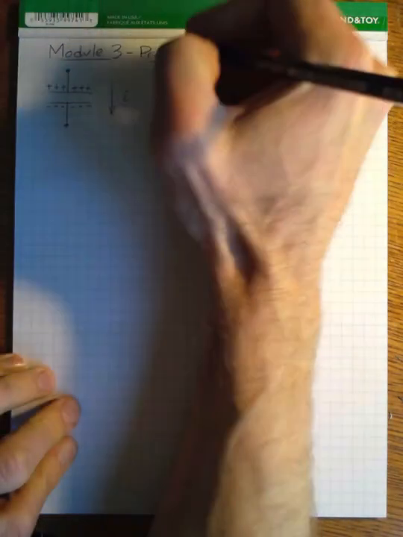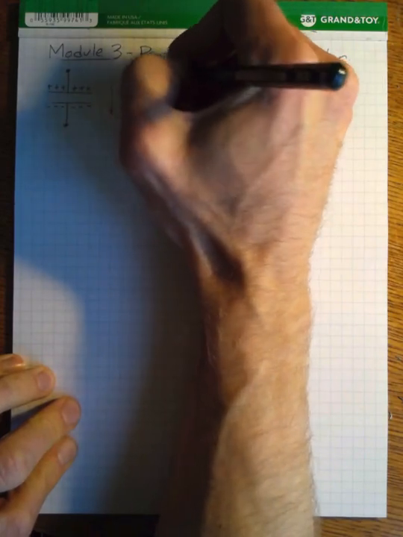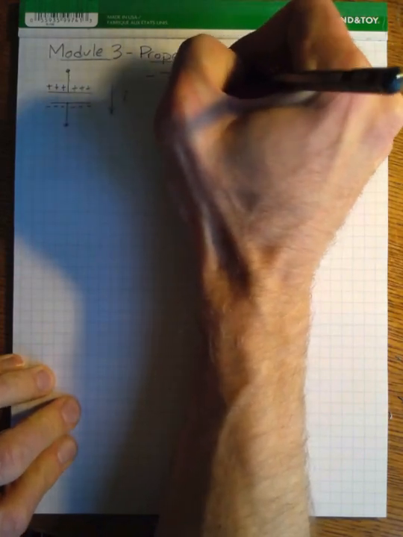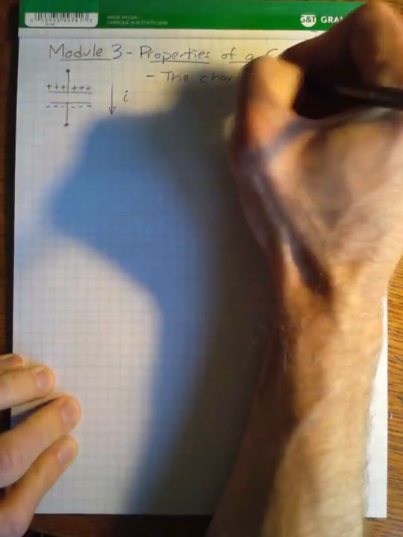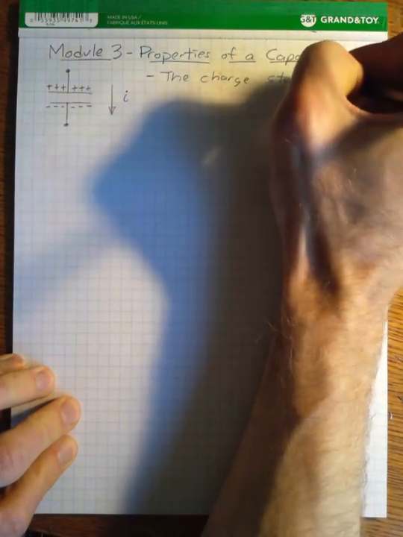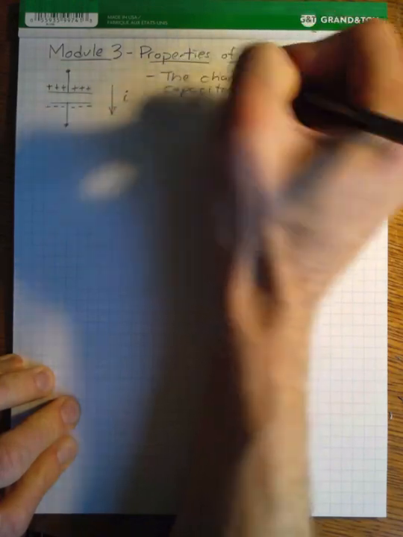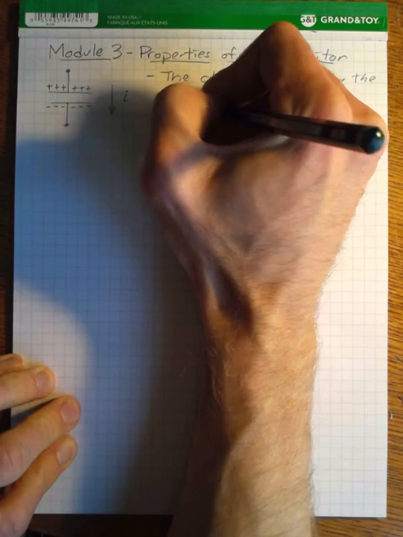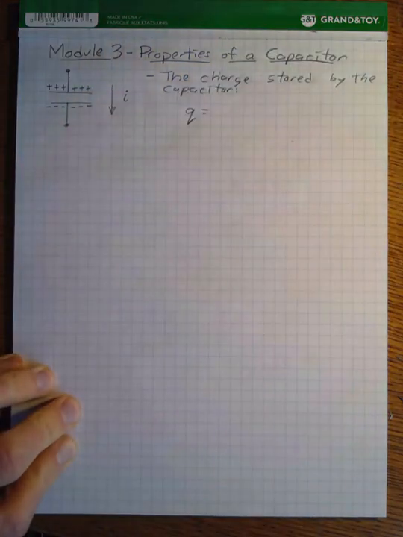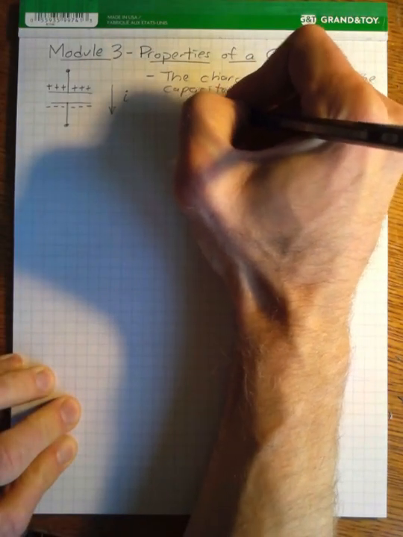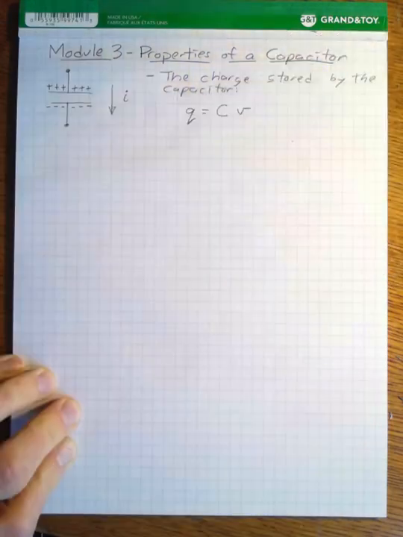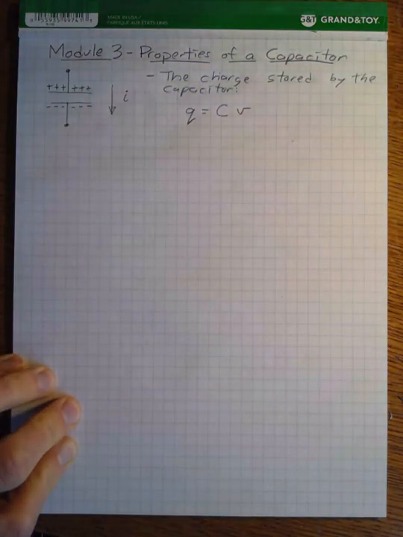So we can say that the charge on the capacitor, Q, which we'll use to represent the charge, is equal to the capacitance multiplied by the voltage across the capacitor.